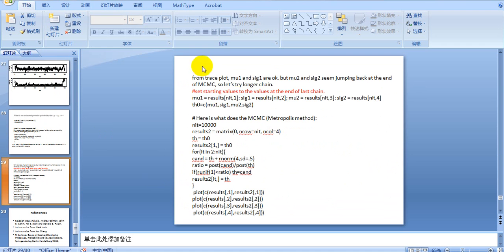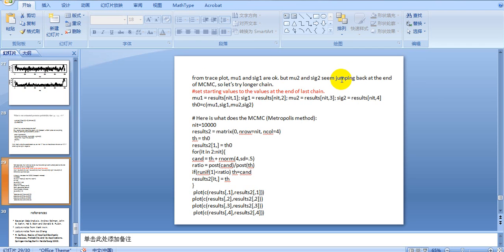And for the trace plot, mu1 and sigma 1 look okay because there is no obvious deviation. The whole thing looks converged and stable. But in this run, mu2 and sigma 2 seem to occasionally jump back at the end of the MCMC.